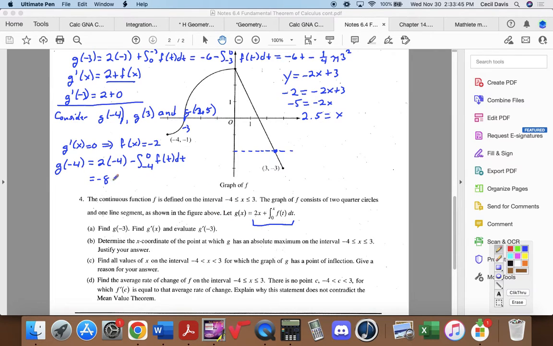So that's going to be negative 8 minus, and I've got a piece that is below the axis. Since that's below the x-axis, it's going to be 1/4 of pi times 1 squared, but it's going to be negative.